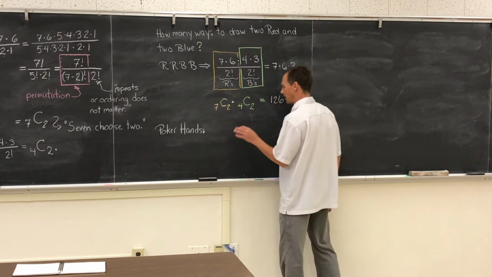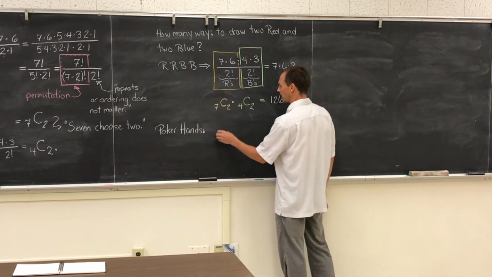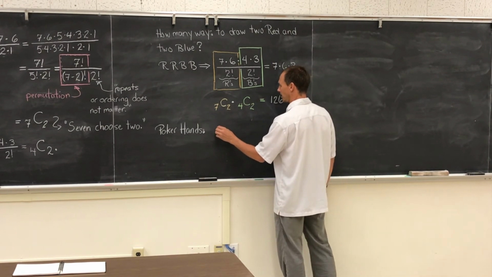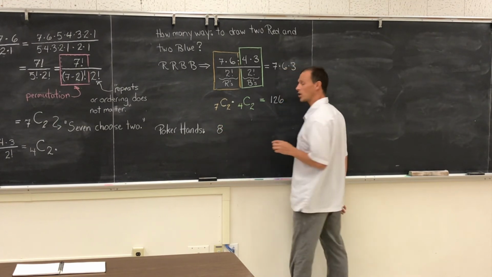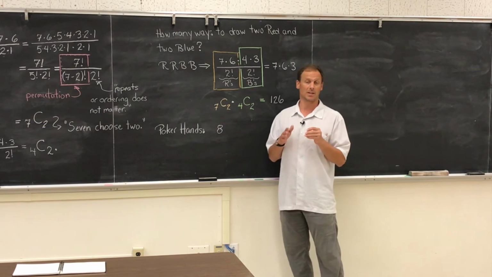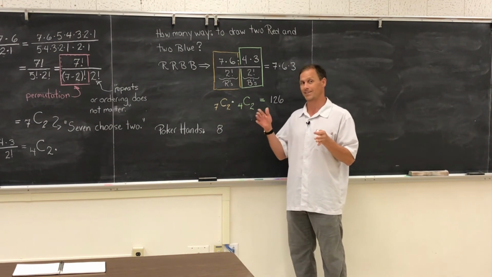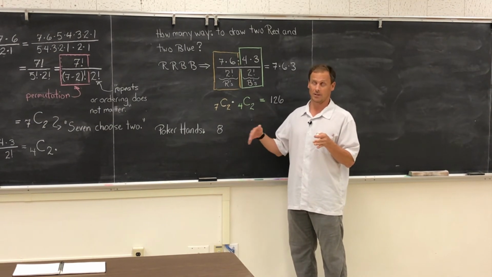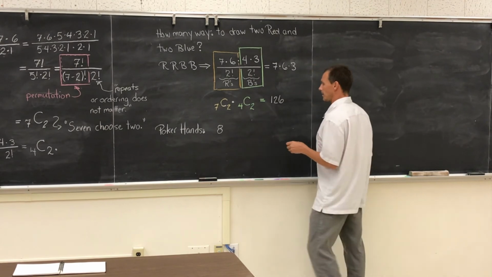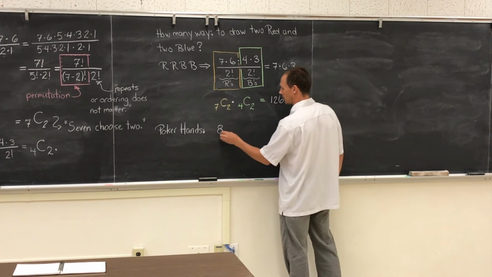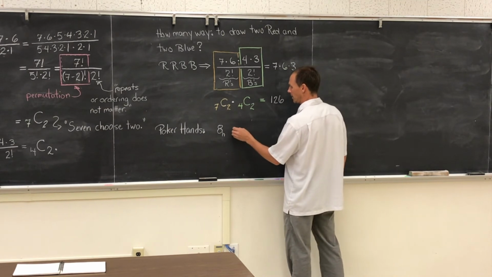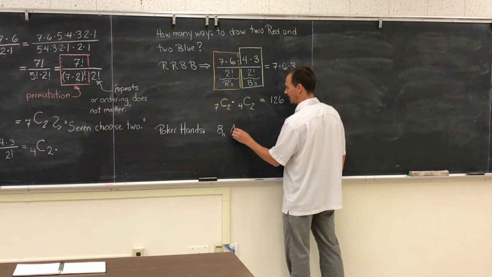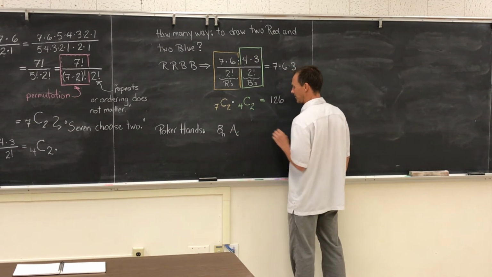And here's what I'm going to do. I'm going to write a hand. So suppose I get a hand where my first card is an 8. So we would call the cardinality the numbers 2, 3, all the way up to 10, the jack, queen, king, and ace. And then they have a suit. I'm going to put an H. That would be an 8 of hearts. And then maybe I get an ace of clubs.